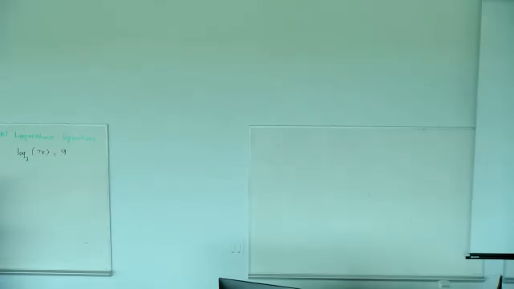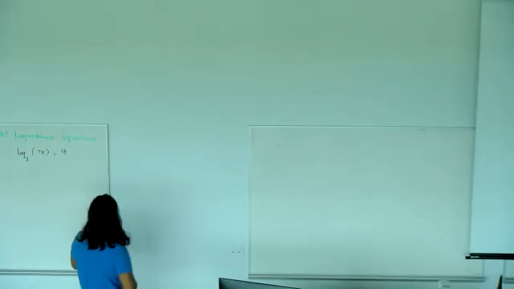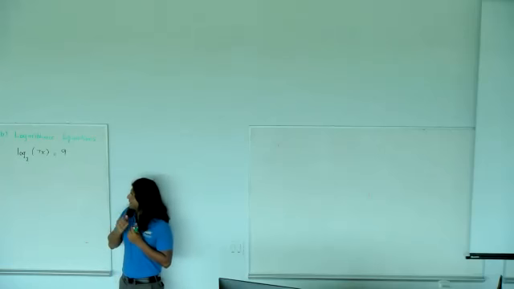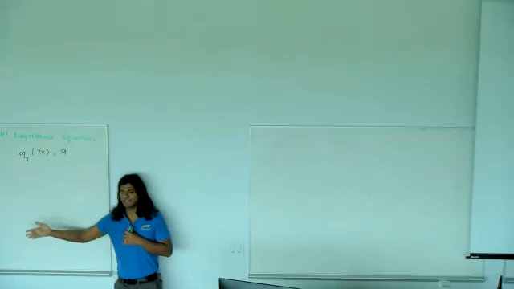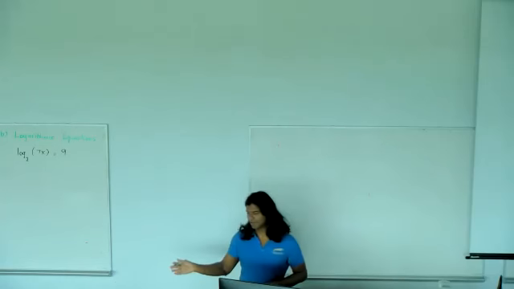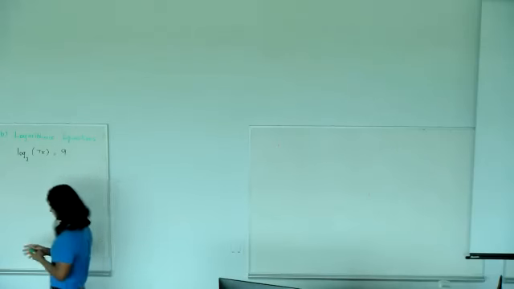If it is negative, it means whatever answer you have is between 0 and 1. So you can guess even before you start. Here, do we expect it to be greater than 1 or between 0 and 1? Greater than 1, since the right-hand side is positive.